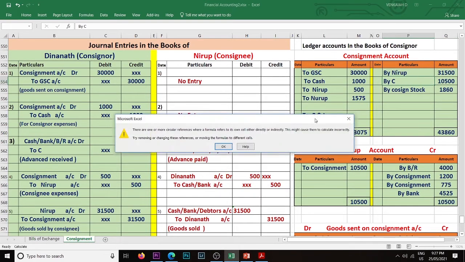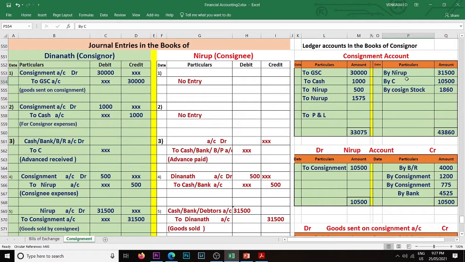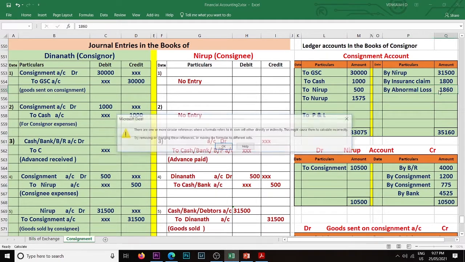And the last entries which we passed: by insurance claim 1800, by abnormal loss, last journal entry please, 1300.